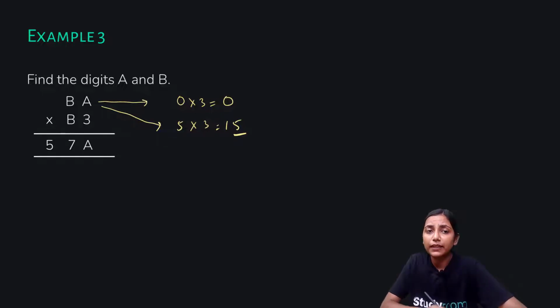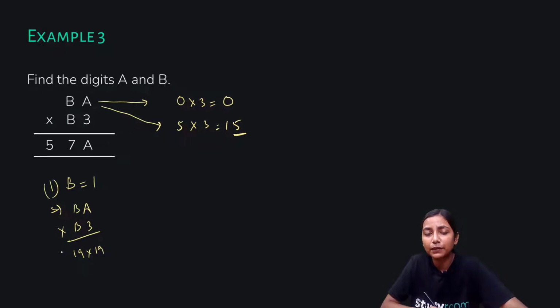And for B, let's first of all take B as 1. Now what happens when B is 1? Then BA into B3 will have a maximum value of 19 into 19, which is 361.